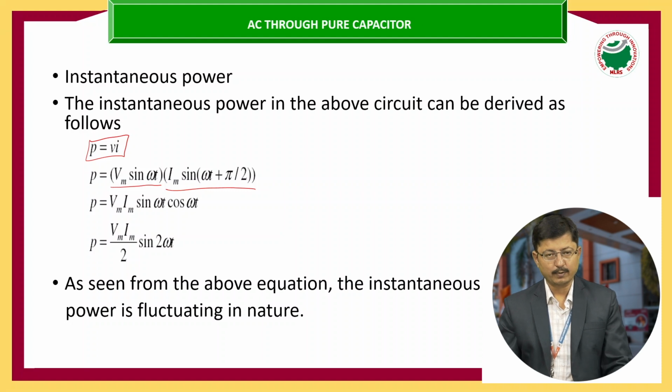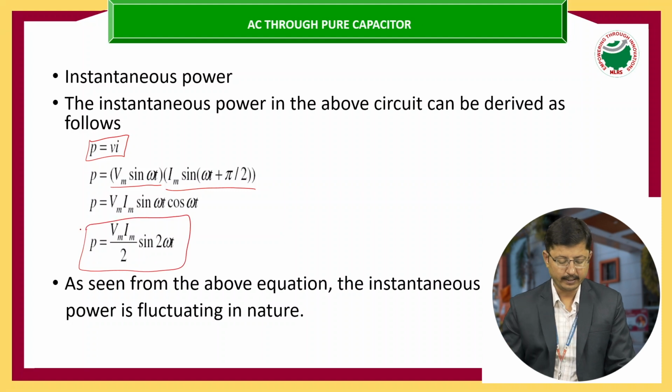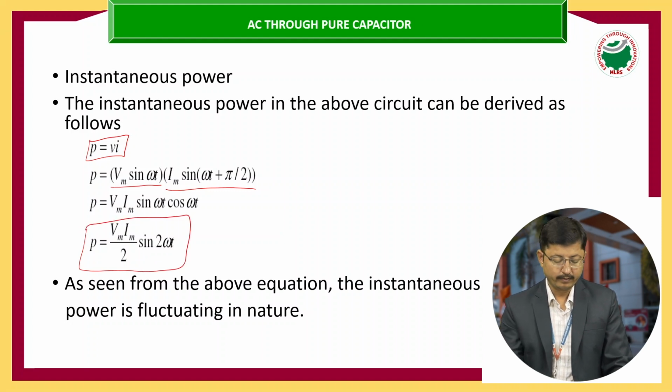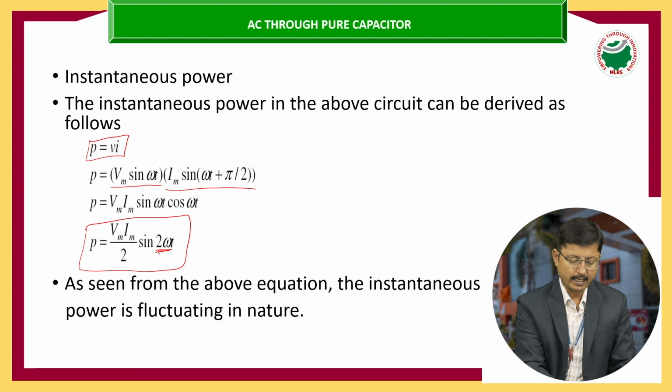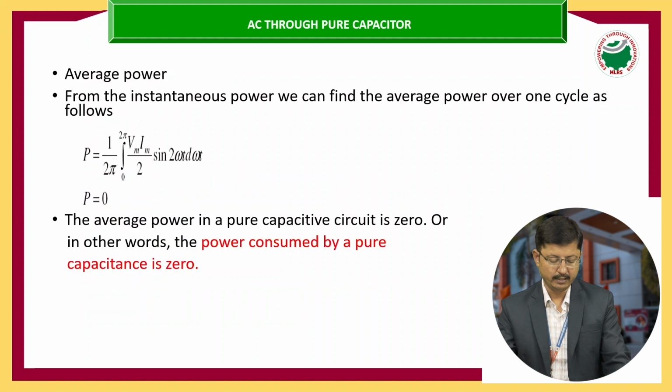Taking this product, finally we get Vm Im by 2 into sin 2 omega t. This is the instantaneous power. From this expression, the frequency is 2 times the angular frequency, so it is fluctuating in nature, not a stable one.